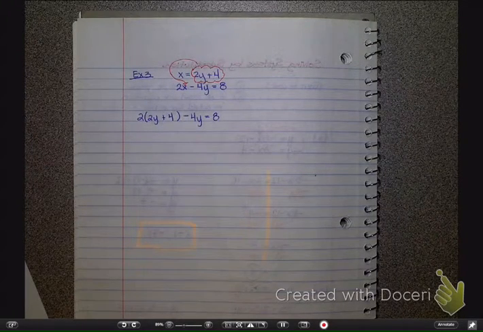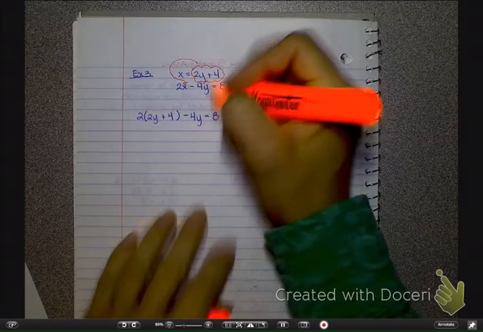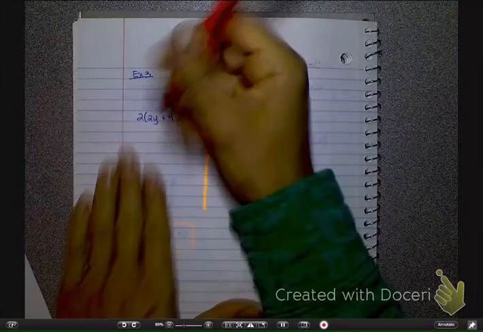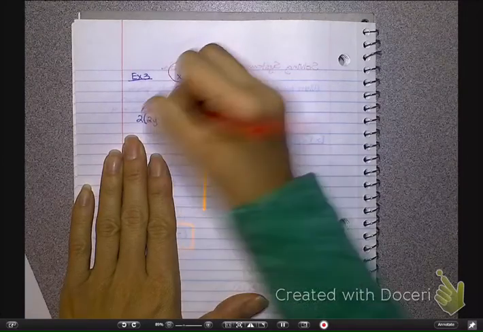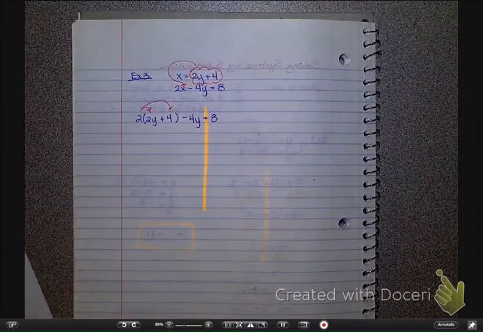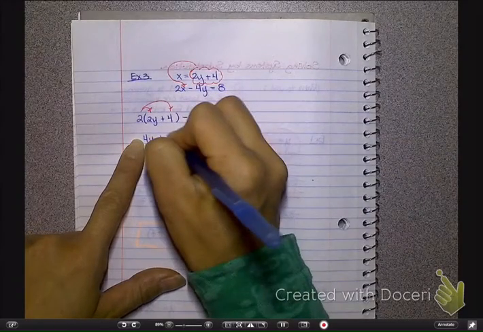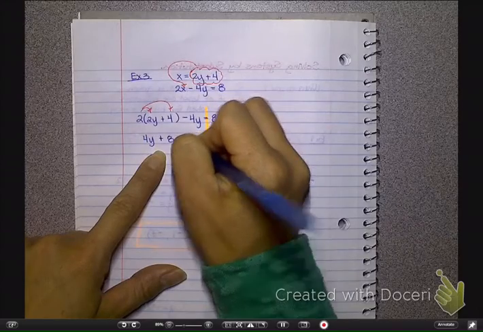So now from there, I'm going to go ahead and solve this equation since now it only has one variable. Okay? So let's go ahead and apply distributive property. So we get 4y plus 8 minus 4y equals 8.